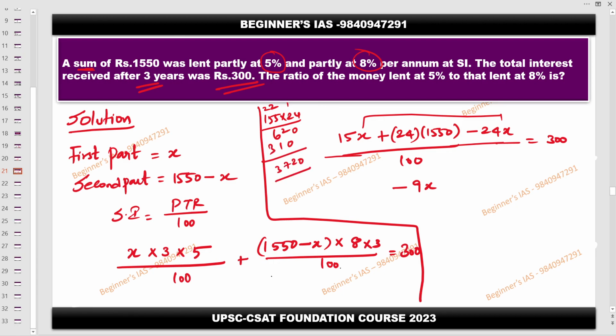So therefore it will become 37200. So then you are cross multiplying 300 into 100.